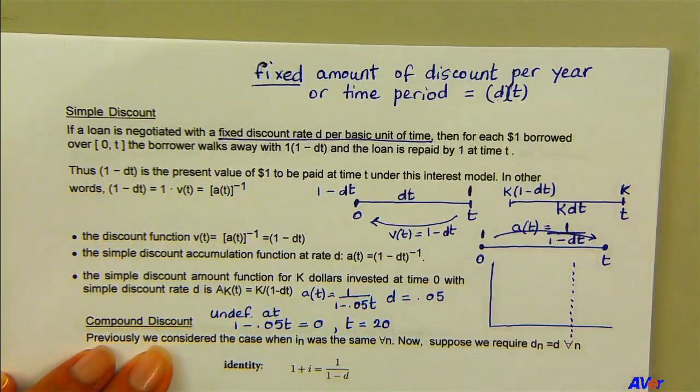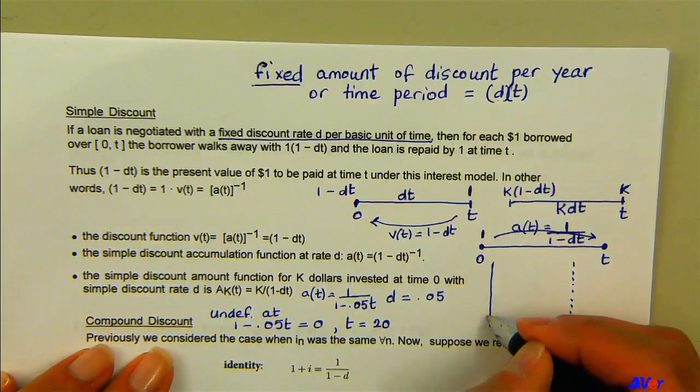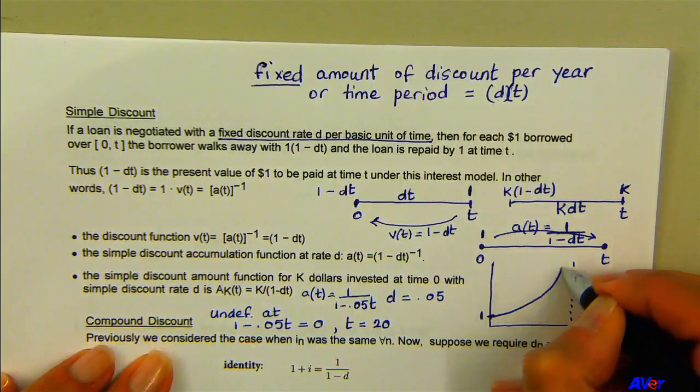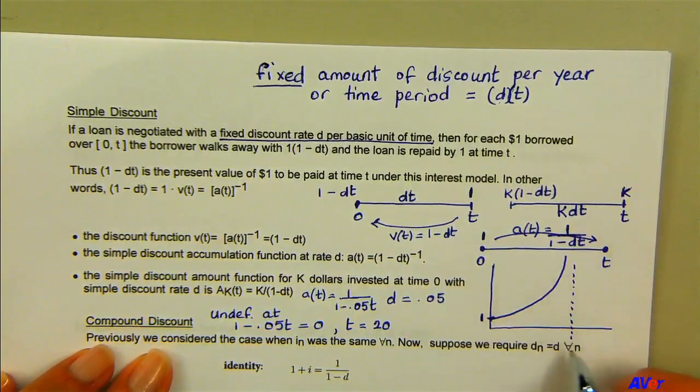And then I want to see where to start. When t is 0, what is a of 0? Right, a of 0 is 1. So let's start at 1, and this function looks like this. It's only defined up to t equals 20. After t equals 20, this function would be negative. So it's not really defined as a of t, right?